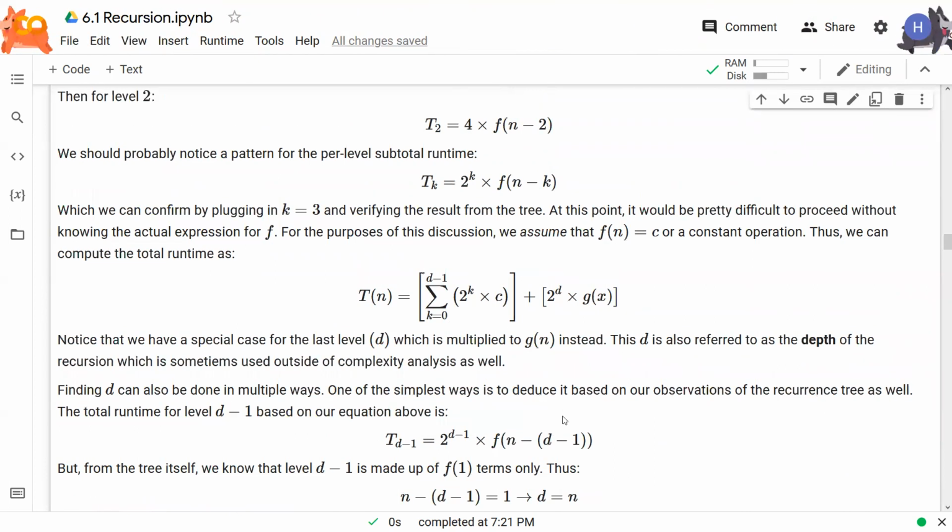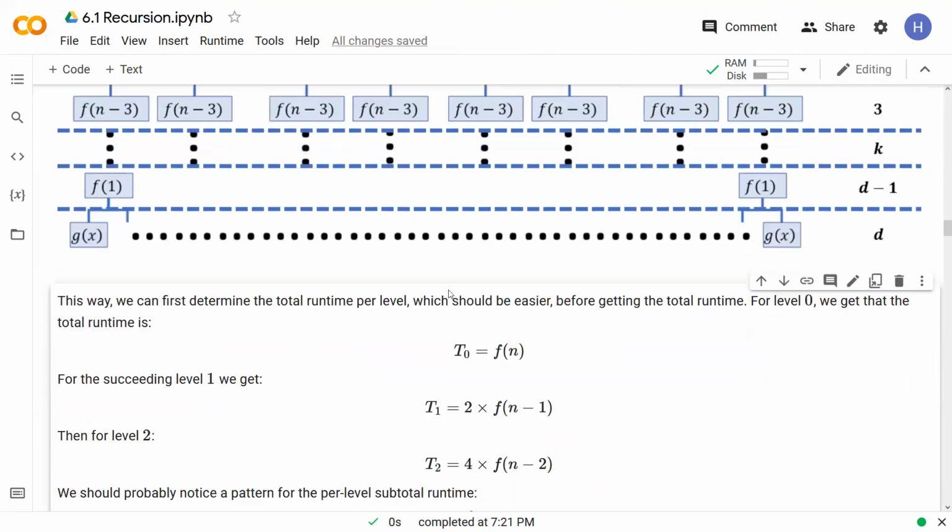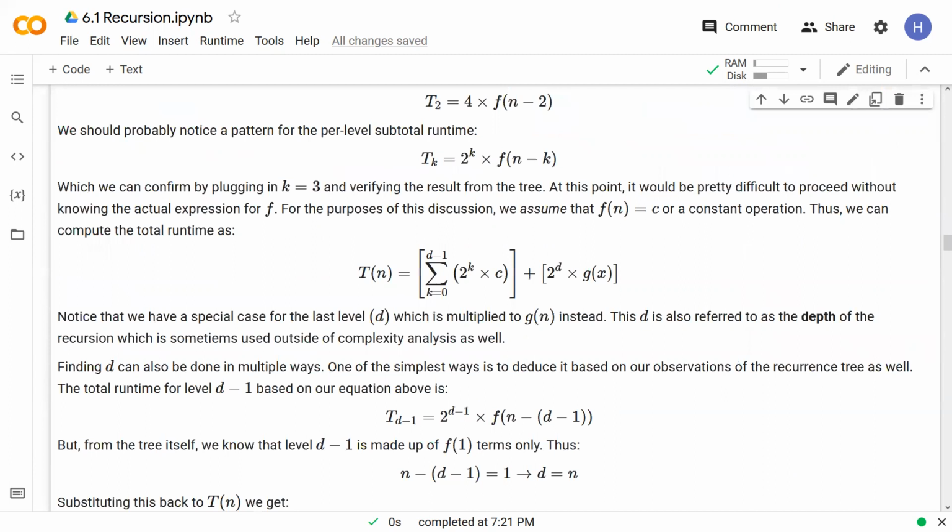However, looking back at the tree, f of 1 yung mga ina-add natin na terms. So, itong term na to, itong f of n minus d minus 1, this should be equal to f of 1, which means that 1 should be equal to n minus d minus 1. So, ang ating d, makukuha natin, is equal to n.